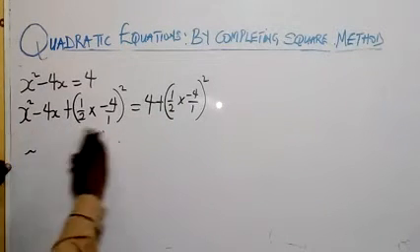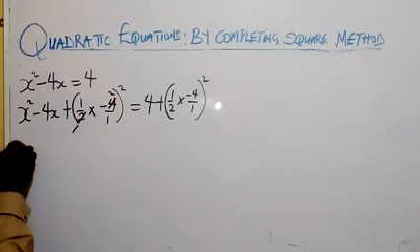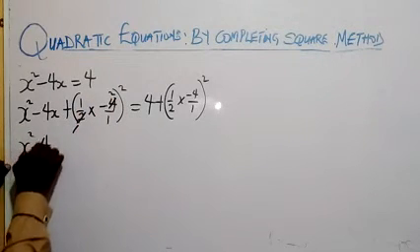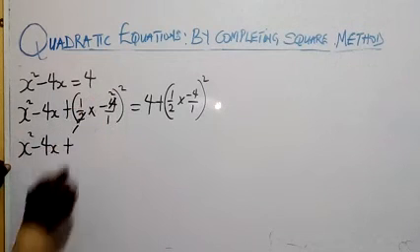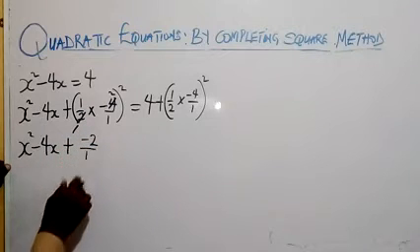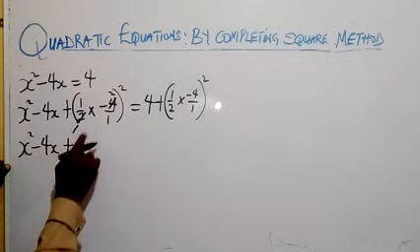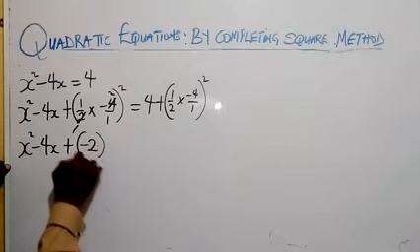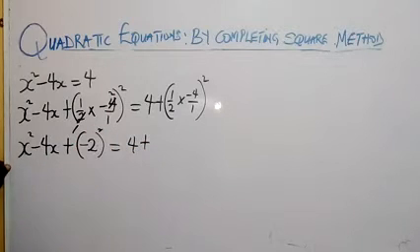Let's simplify it from here. We have x squared minus 4x plus, what do we have inside the bracket? 1 times 2, we have minus 2 over 1, which is the same thing as minus 2, equals 4 plus minus 2 squared.